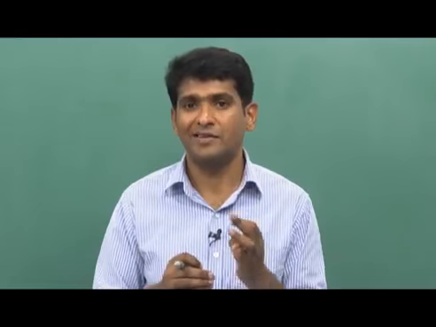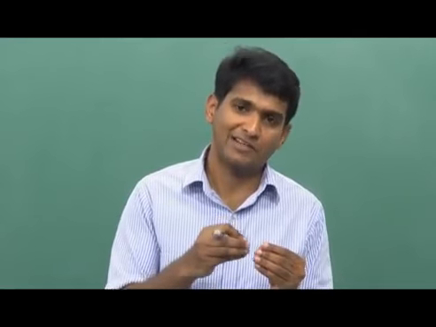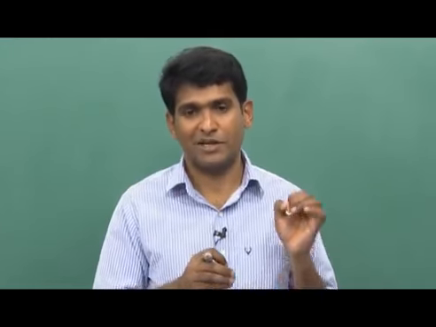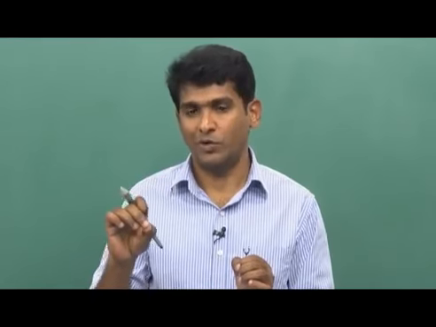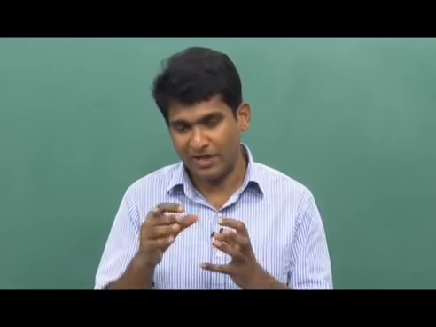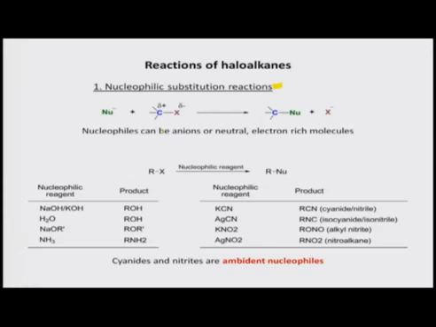Nucleophile simply means something that likes nucleus, and nucleus is positively charged. So any species that likes to interact with positively charged nuclei is called a nucleophile. Nucleophilic substitution reactions are substitution reactions where a nucleophile is used to replace a particular moiety from an organic molecule. In this case we are talking about the reactions of haloalkanes.